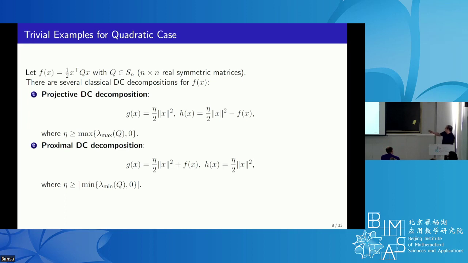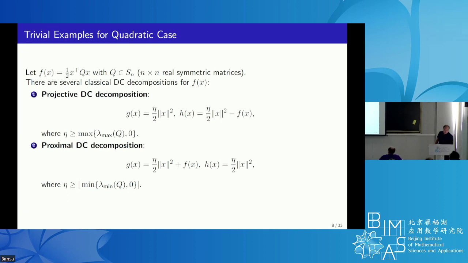Some kind of function where the g part is a quadratic function, and the h part is also a quadratic function in this case. It's sufficient to find a large enough parameter mu to ensure both of them are convex. And another is that you just take h as g, and you can do the similar thing.